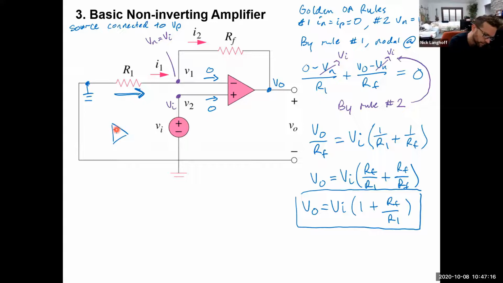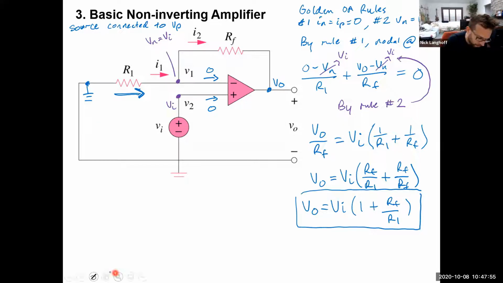Here's VI, here's the source, this would be V out, here's R1, here's RF, and R1 would just be grounded like that. Sometimes you'll see it that way. That's a non-inverting amplifier as well. It's just drawn a little differently. It's the same thing as what's on the schematic here, just drawn a little more shorthand.